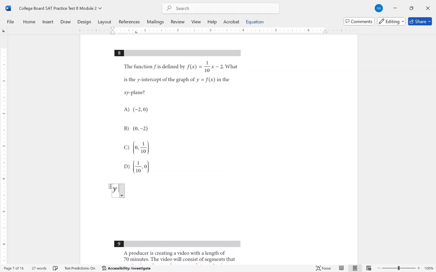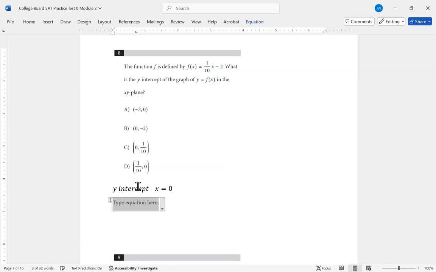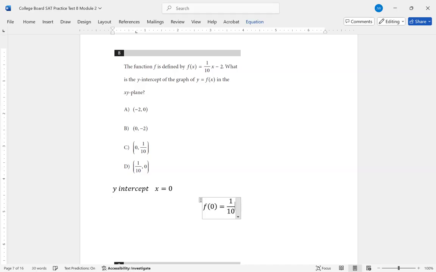So all we have to do is plug in 0 into our function. f of 0 is going to be equal to 1/10 times 0 minus 2. And that gives me out a y value of -2.